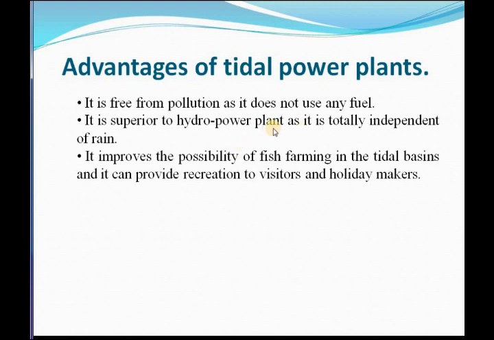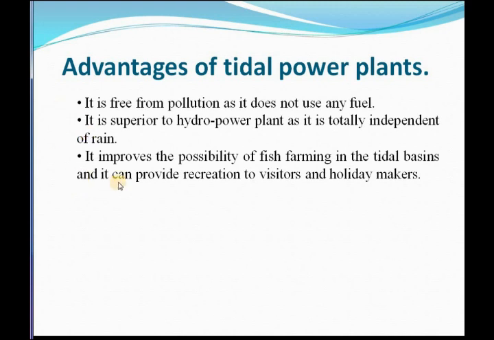Why? Because it is totally independent of rainwater harvesting. Whether you have rain or not, it depends just on the tides, which are either high tides or low tides.